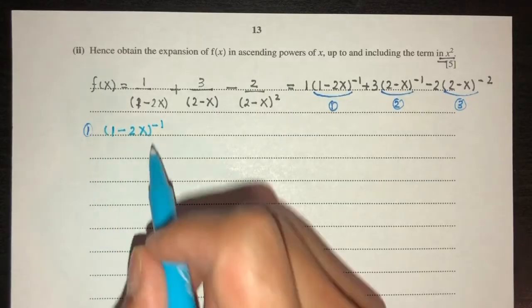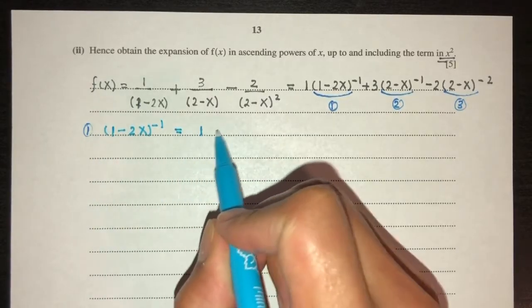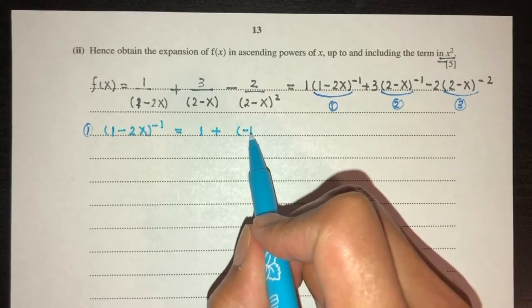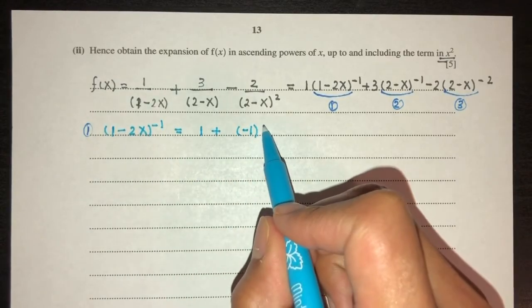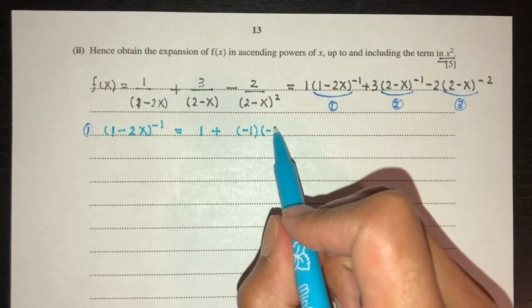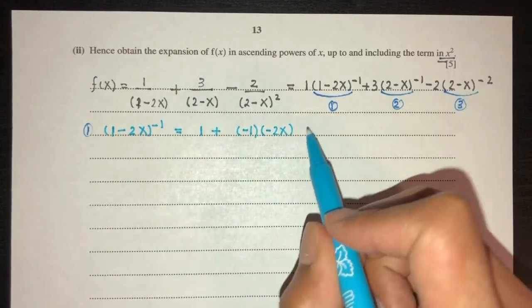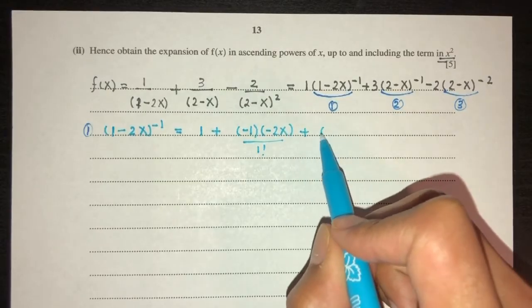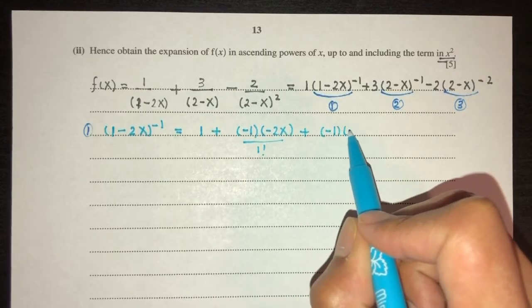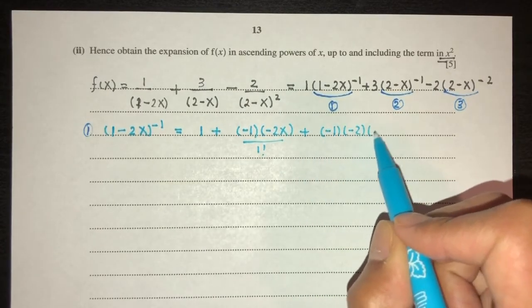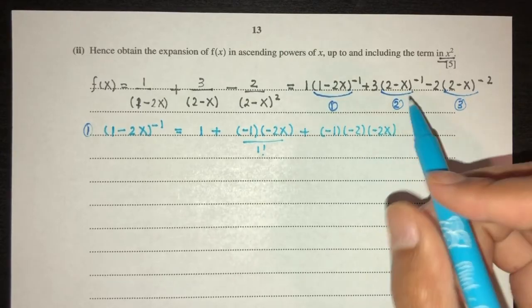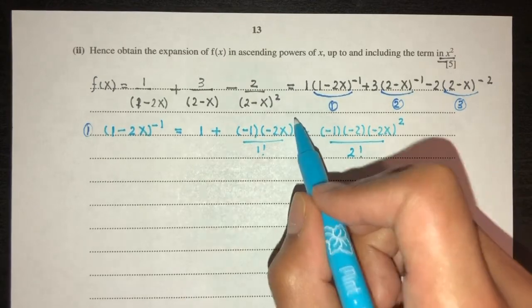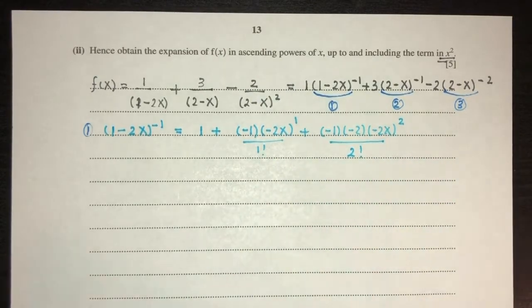This is 1 right here, so that is equal to 1 plus minus 1, which is the value of n, times minus 2x over 1 factorial. Now we have minus 1 times minus 2 times minus 2x to the power of 2, over 2 factorial.